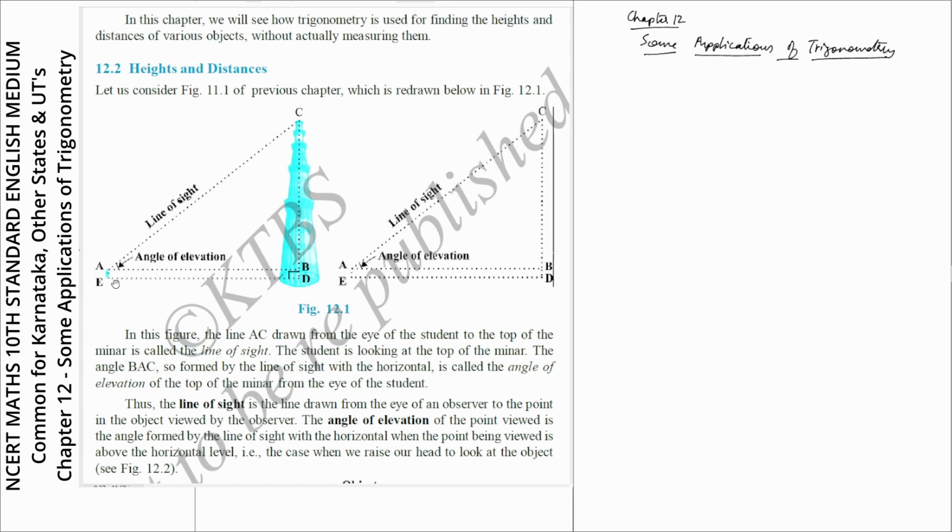If we know this distance and the angle of elevation, then easily we can find the height of the Qutub Minar. It's not necessary to take a lengthy tape and measure it practically. So theoretically also, if we know this distance and angle of elevation, we can find the height of Qutub Minar.